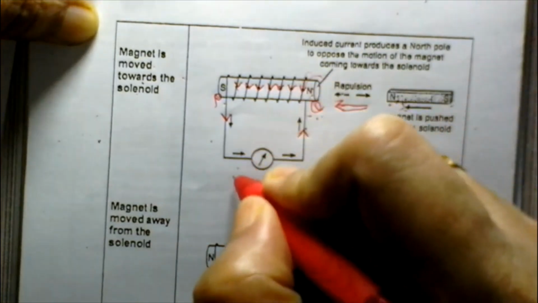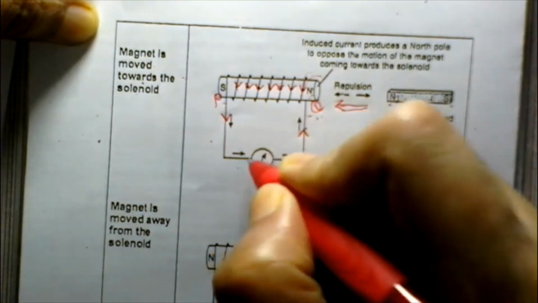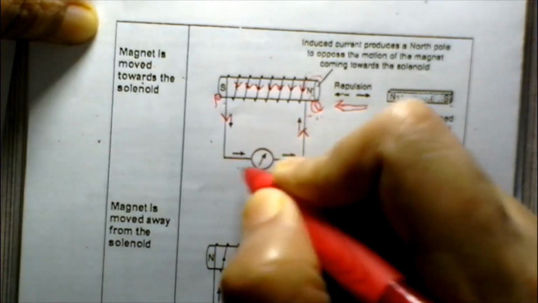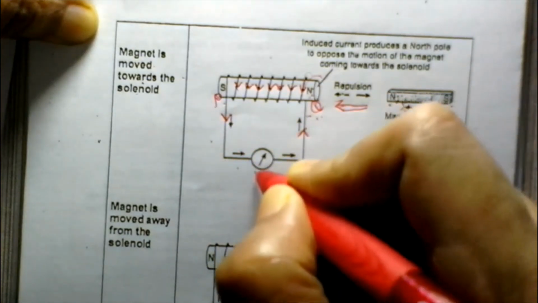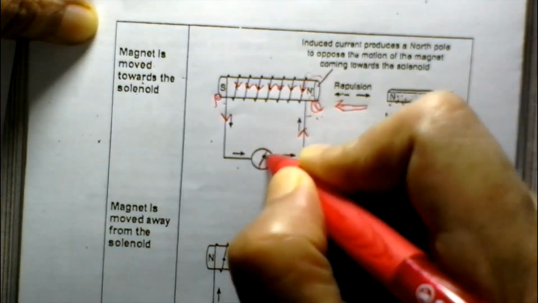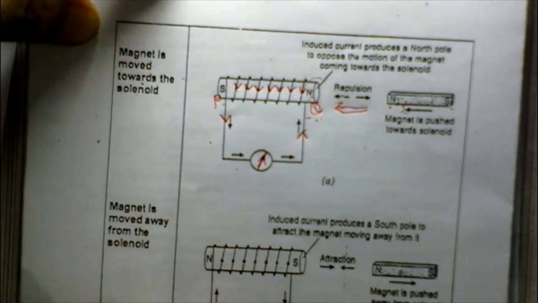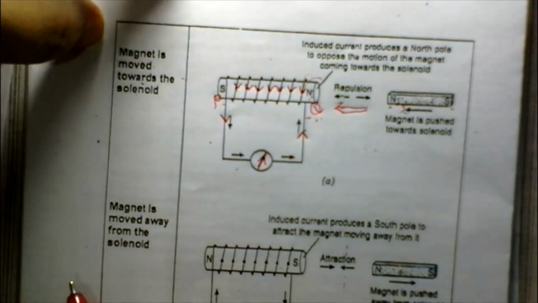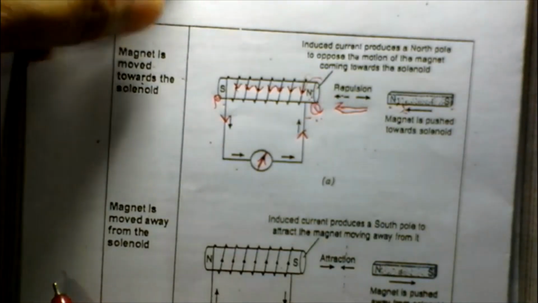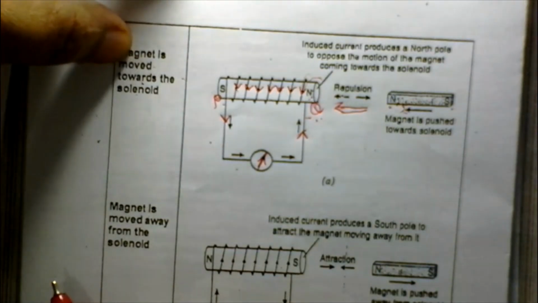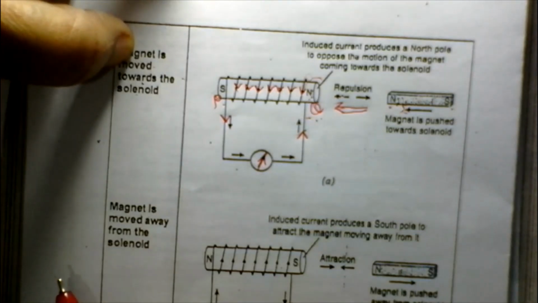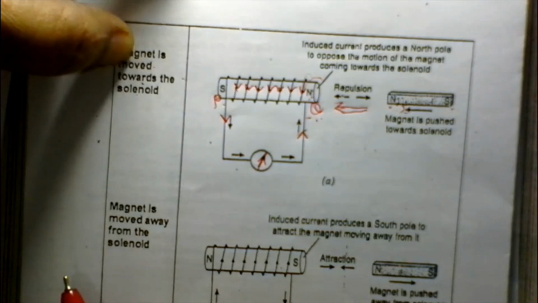The direction of the current in the solenoid is from left to right, so the deflection of the pointer will be to the right. That's what we call Lenz's Law. It's quite easy to know what pole Q is: if the north pole comes towards Q, Q will become north in order to repel or oppose the effect.